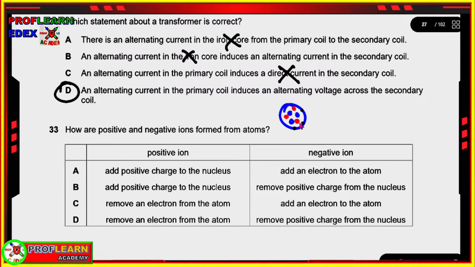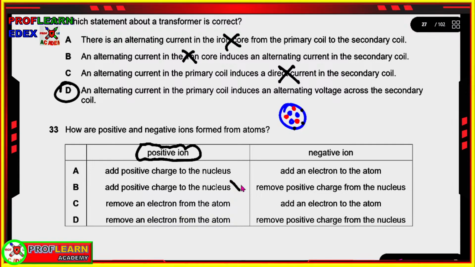So the number of protons should be equal to the number of electrons. A positive ion will be formed if an electron is removed. So we can say remove an electron from the atom.